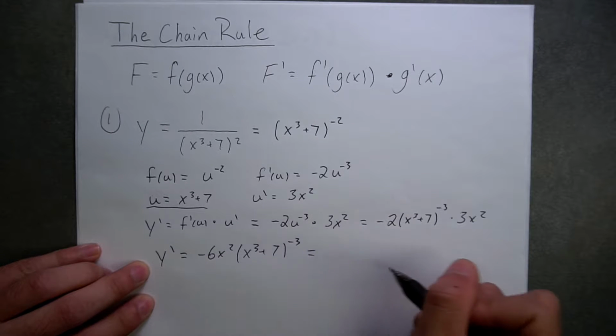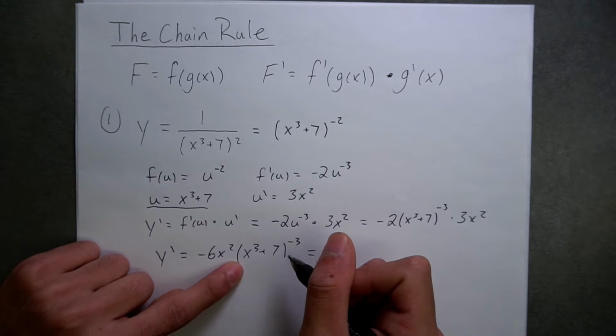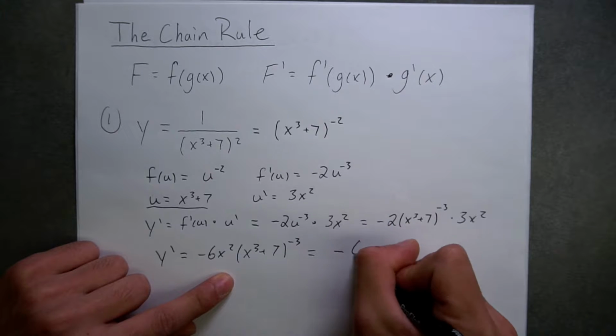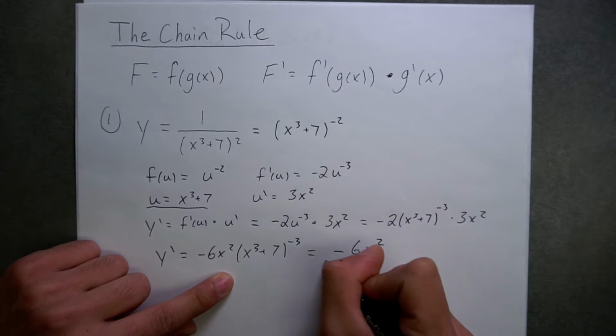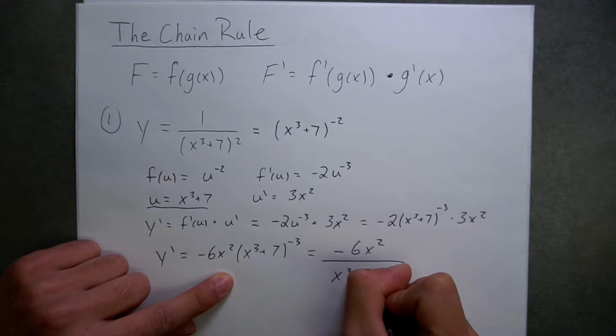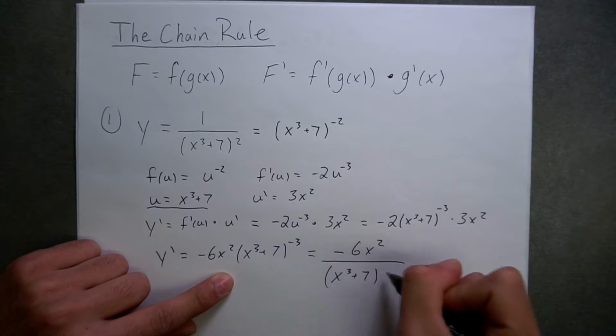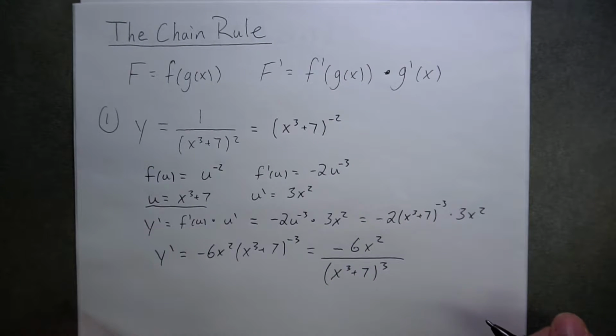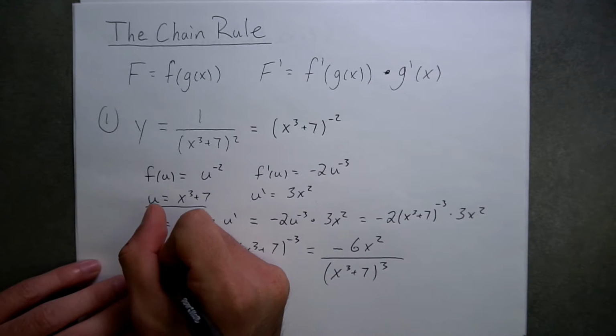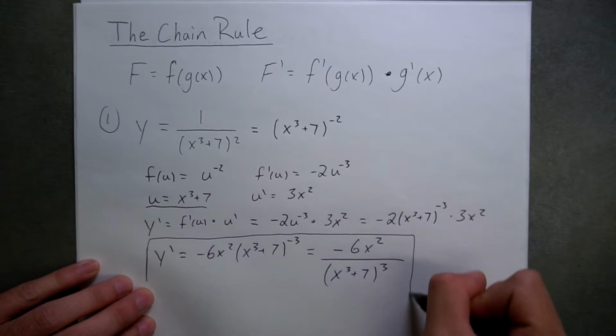We can simplify that further by bringing this negative power into the denominator. So negative 6x squared all over x cubed plus 7 cubed. So that's the derivative y prime using the chain rule.